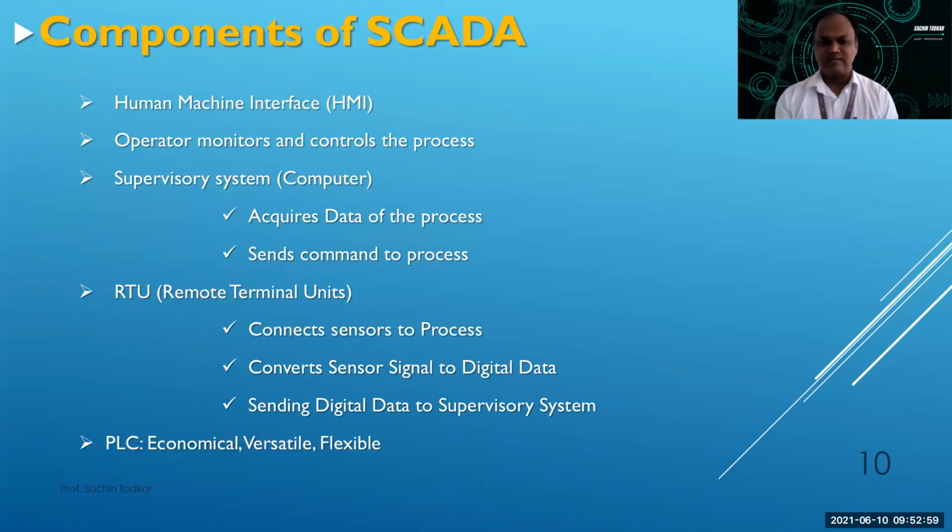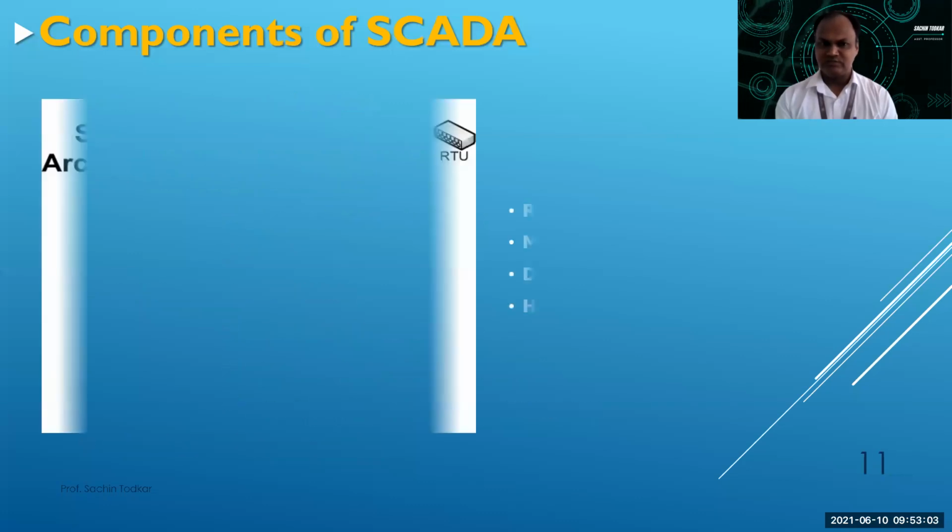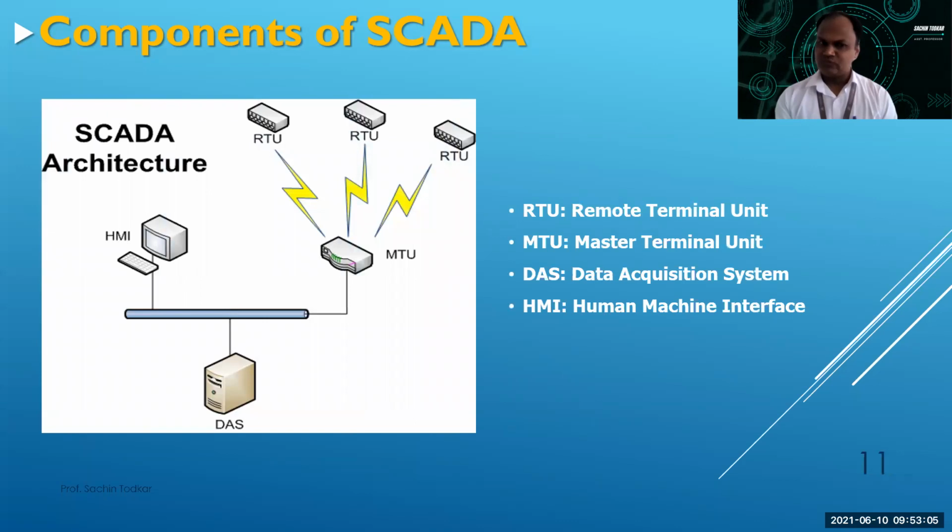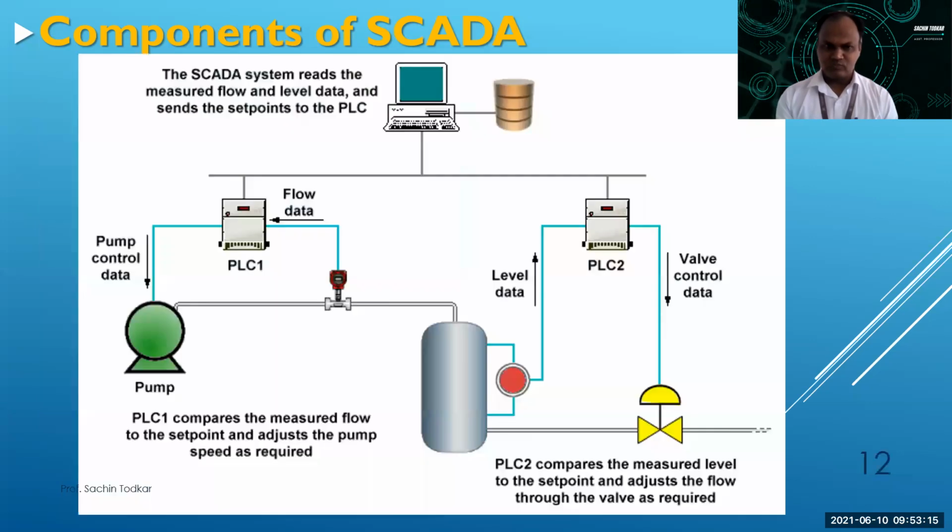And PLC, as it is economical, versatile, and flexible, will be used in that system. RTU, MTU, DS, HMI, all these things have been shown here in SCADA architecture. There is a SCADA system for a specific application, that is flow controlling, level controlling, etc.